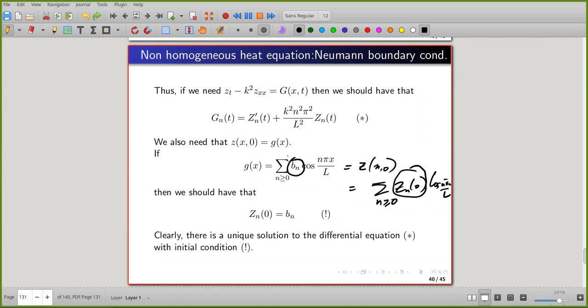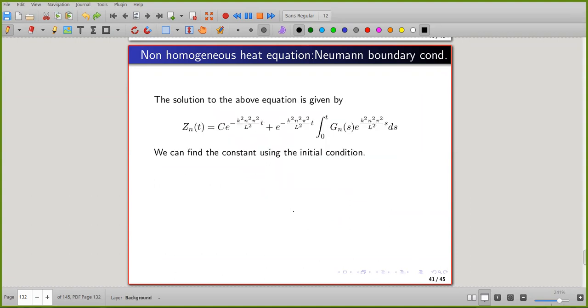And once again, this is a first order differential equation in one variable. We have specified the initial condition. This has a unique solution, right? And this is the solution. And the C is exactly z_n(0), so it is equal to B_n.